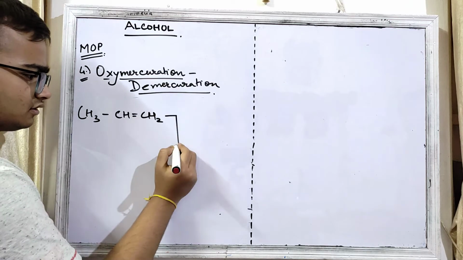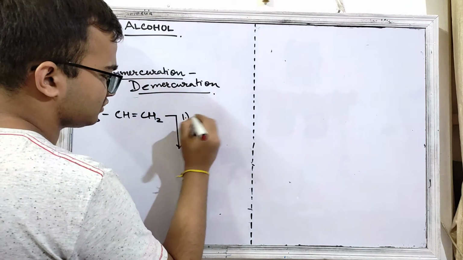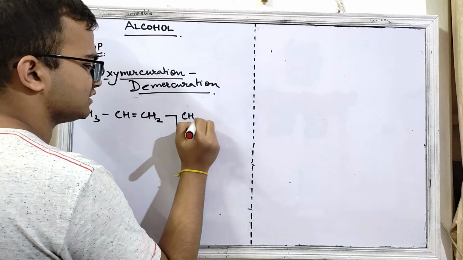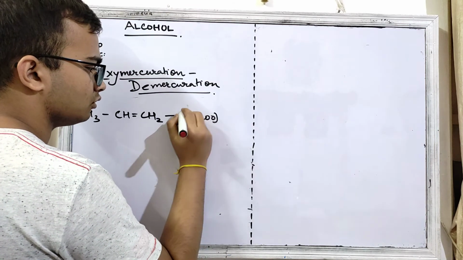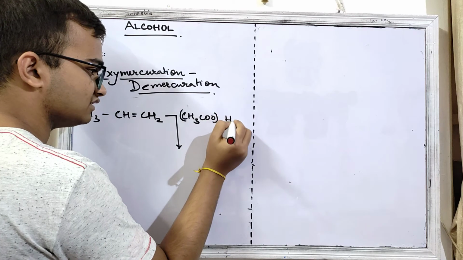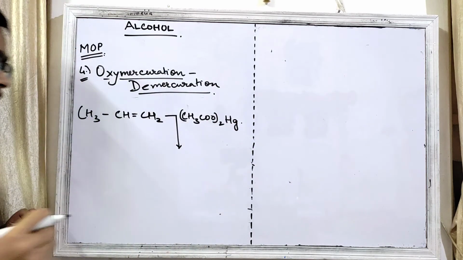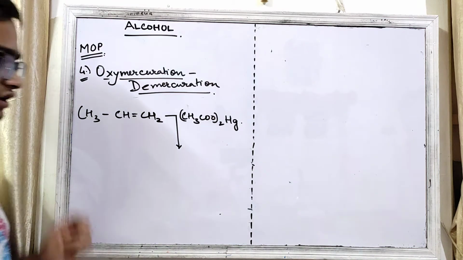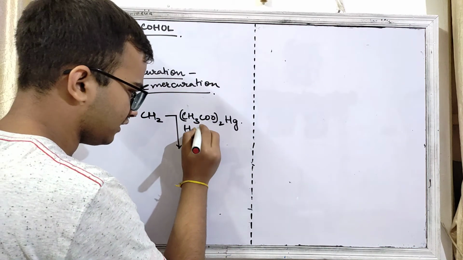We take the following things. In the first place we take mercury acetate, which is (CH3COO)2Hg. Okay, this is called mercury acetate. The next thing which we take is water, which is acting as a solvent.